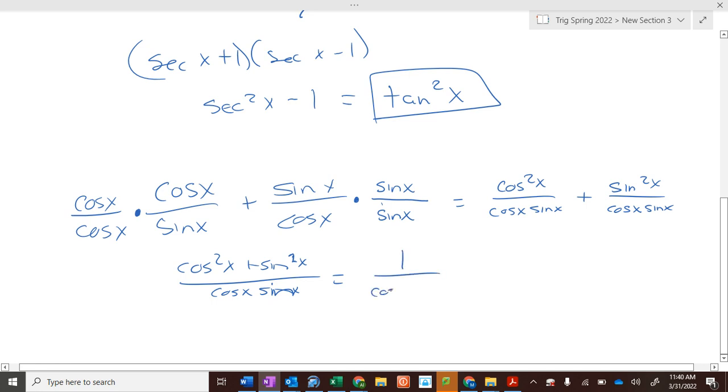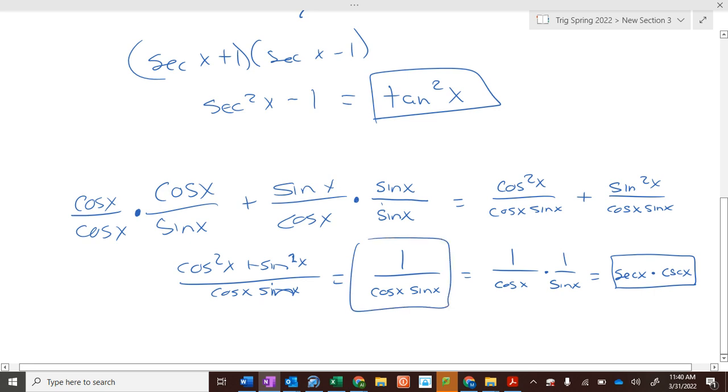So I have 1 over cosine of x sine of x, which I could say is 1 over cosine of x times 1 over sine of x. What's 1 over cosine of x equal to? Secant of x. What's 1 over sine of x equal to? Cosecant of x. I could stop there. Okay? And when we get into trig identities, you'll have a stopping point. You'll know exactly where you're supposed to head.